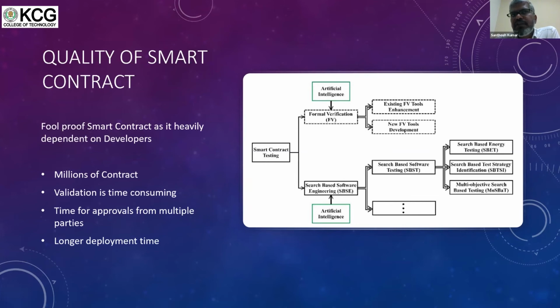So at any given point of time, the blockchain nodes would have n number of smart contract codes associated with the different participating parties. So managing that entire resource is a big challenge, right?